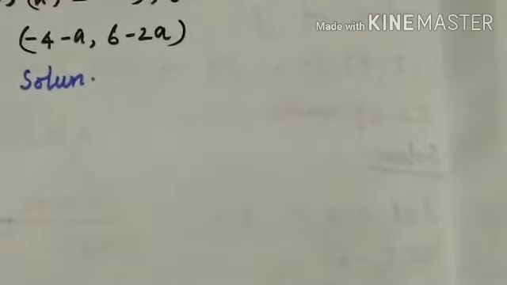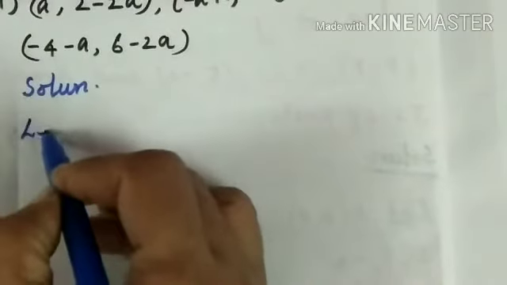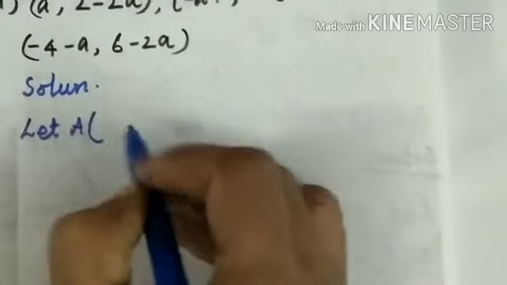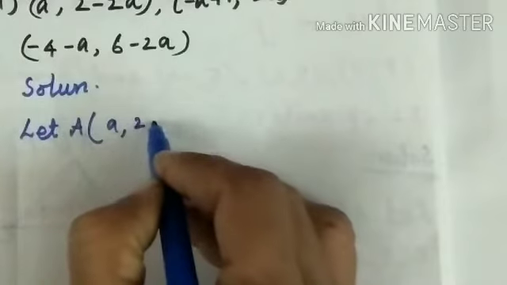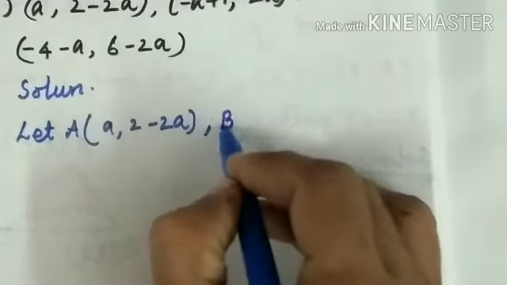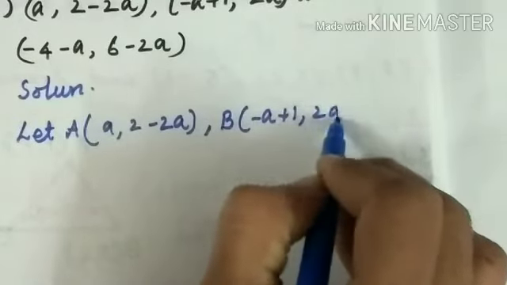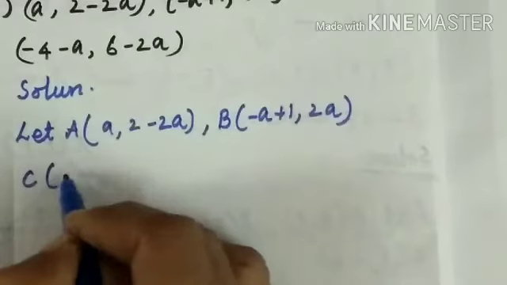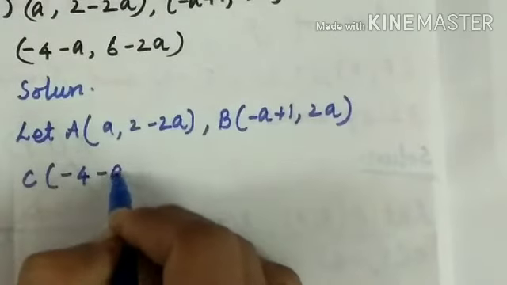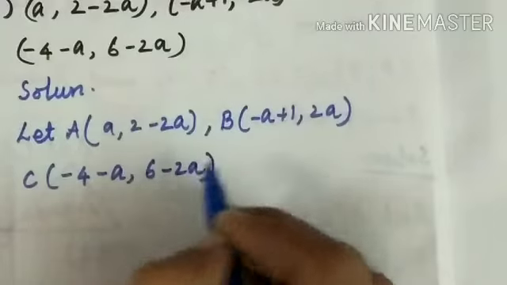See the solution. First you take down and write the given points. Let A (a, 2 minus 2a), B (minus a plus 1, 2a), and C (minus 4 minus a, 6 minus 2a).